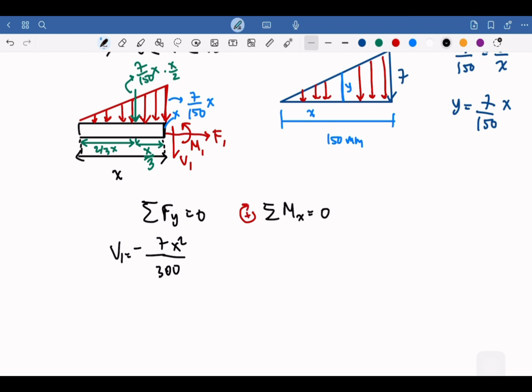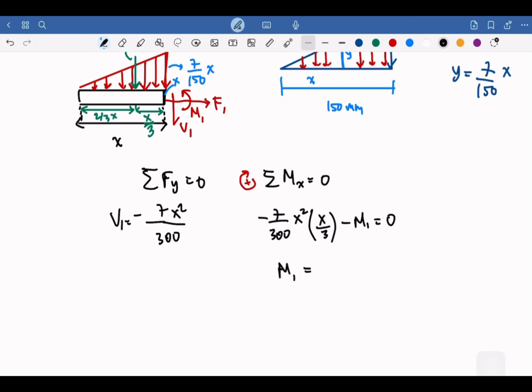So I will have negative, multiplied with x over 3, and then negative also M1 equals 0. So M1 is equal to negative 7x cubed over 900 Newton millimeter. This is Newton, this is Newton millimeter. So this is V1 and this is M1.